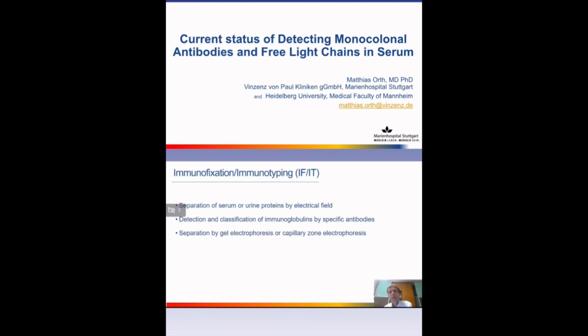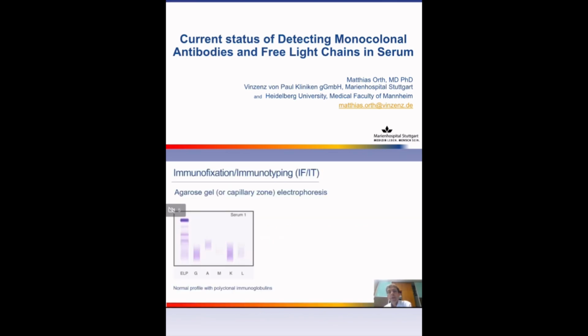In immunofixation, the proteins from serum or from urine, such as Bence Jones proteins, are separated in the electric field. They're detected by specific antibodies, and the separation is done either by gel electrophoresis or capillary zone electrophoresis. This shows an example of a normal sample, as you know it.